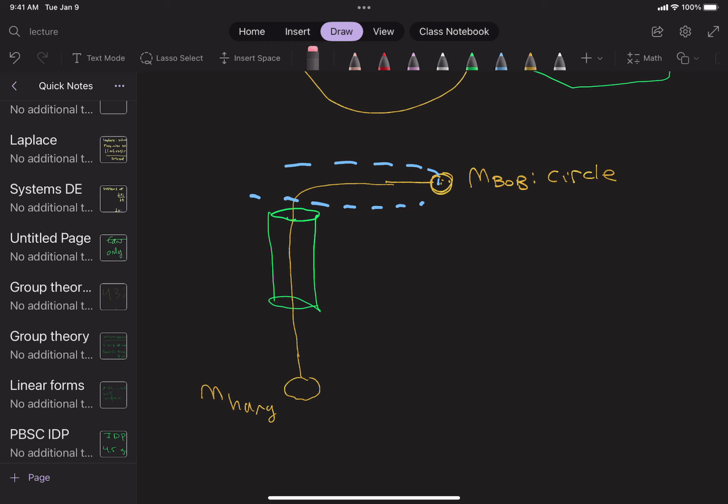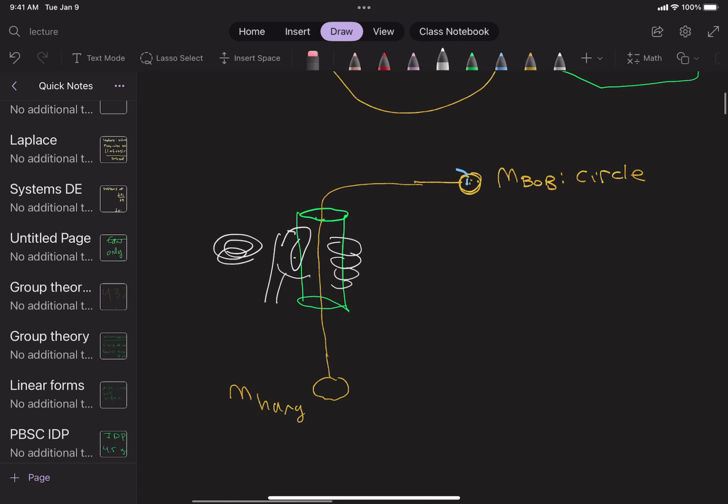Okay. So what you're going to do, in the simulation, is grab on to this tube here, and you're going to move your hand around, and that's going to cause this bob to move around in a circle.